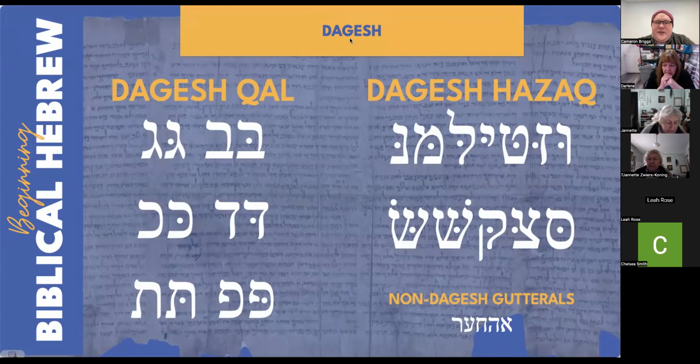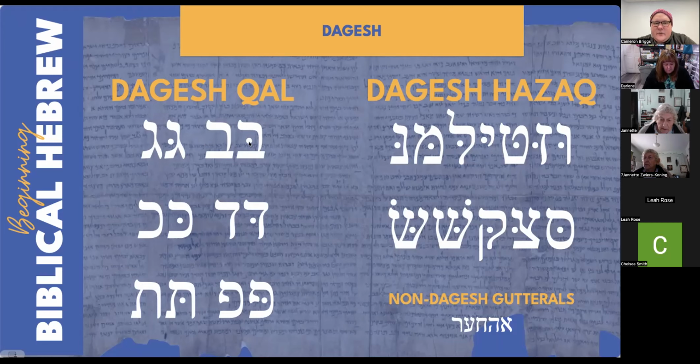There's a Dagesh Kal, which is our Beged Kefet letters here on the left, and there's the Dagesh Chazak, which is all of the other letters that can have a middle dot. That middle dot we often refer to as a beauty mark, but the middle dot is a Dagesh, and it falls into 2 different categories.